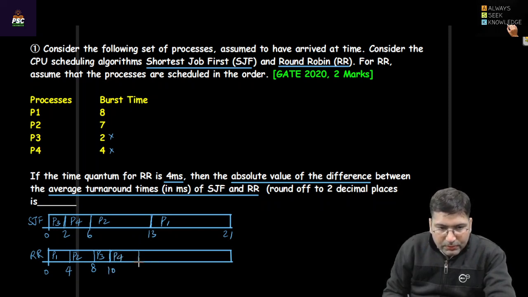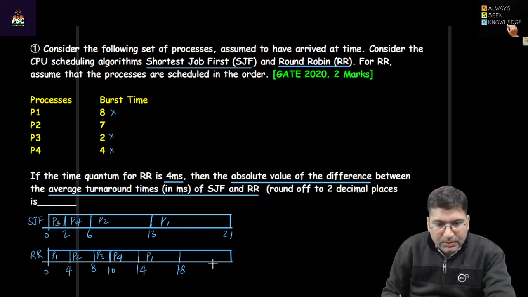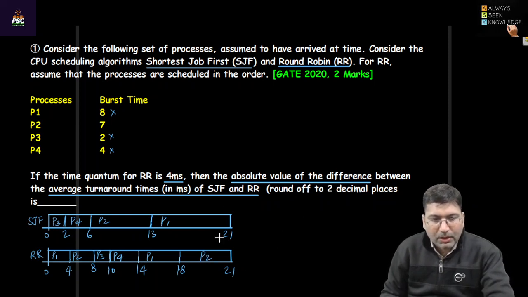It will execute till 14. And then again P1 will be scheduled. P1 will consume the next 4 cycles, till 18, so this is also over. Now P2 will be scheduled and P2 will consume 3 cycles, so it will go till 21. So this is P2.